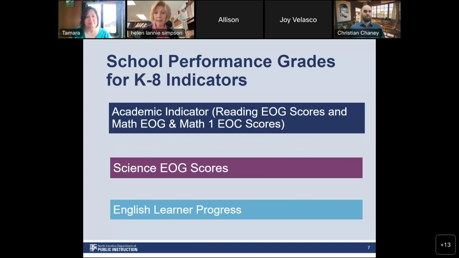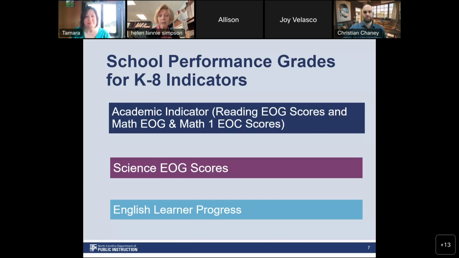There's an academic indicator, which combines reading EOG scores with math EOG or Math 1 if you're taking Math 1 in 8th grade. And that is simply the percentage of students who are proficient on those tests.